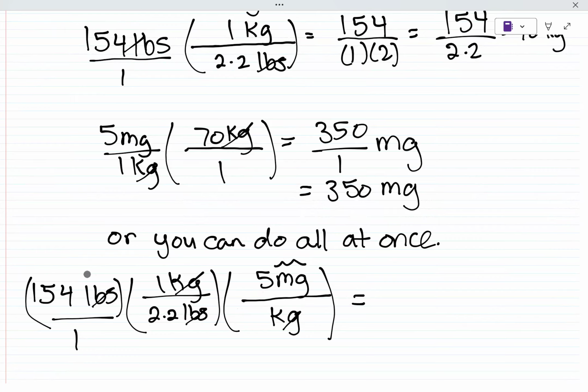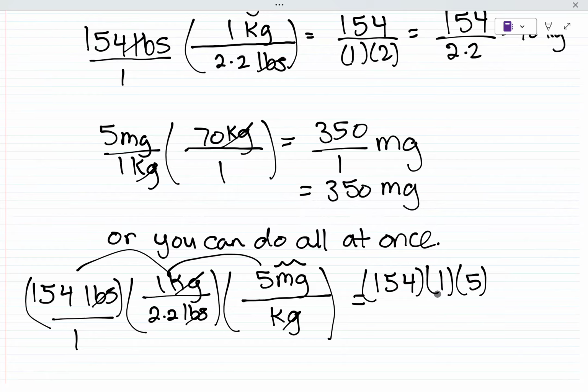And then you could put all this in the calculator, or you could do it very carefully. Like if you want to show all the steps, it would be 154 times... So you remember multiplying, you do not crisscross, you multiply across. You multiply the numerator then over the denominator. So 154 times 1 times 5. And then on the bottom, it's 1 times 2.2 times 1.